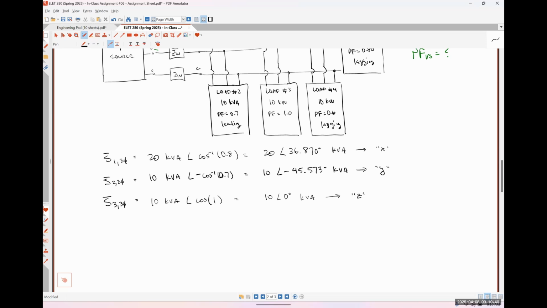So I'm going to store that as Z. The kilowatts divided by our power factor of 1 is going to give us that in kilovolt amperes. So essentially, because our load is purely real, it's absorbing both 10 kilowatts and 10 kVA with an angle of 0.